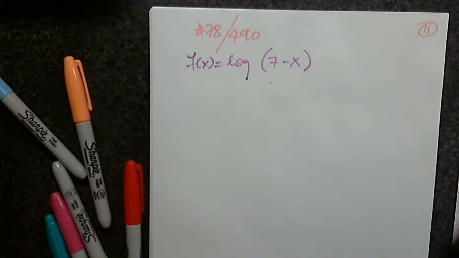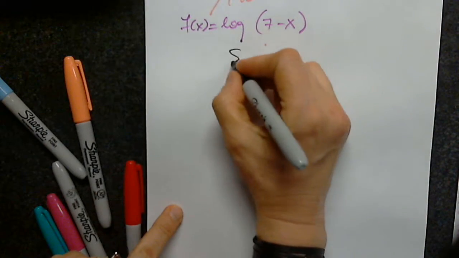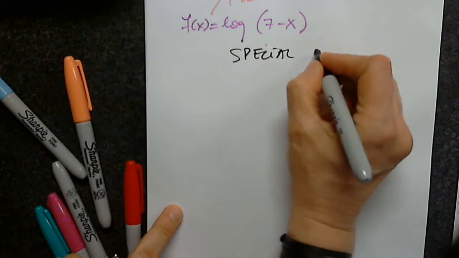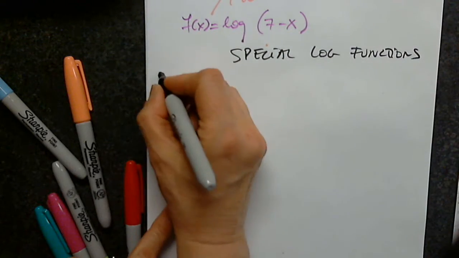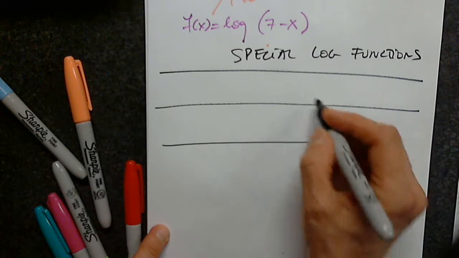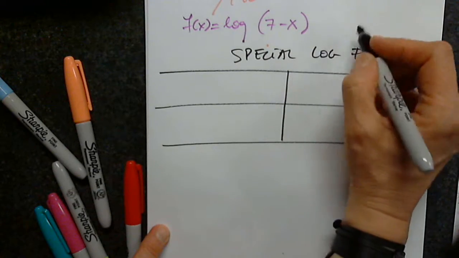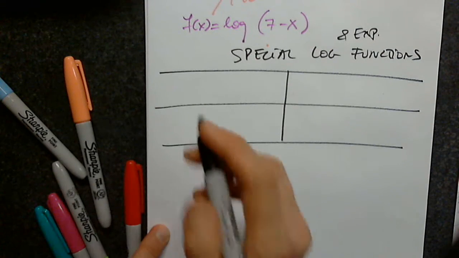Thank you. Let's look at special log functions, and I'm going to put them together with their corresponding exponential ones. So log and exponential. I'm going to write them one more time.